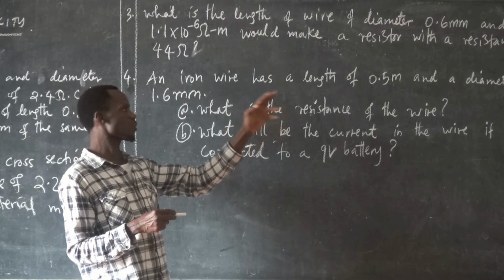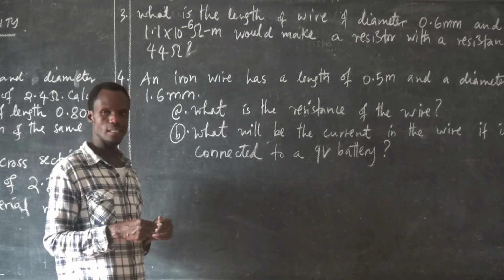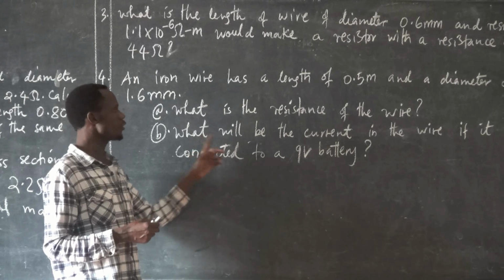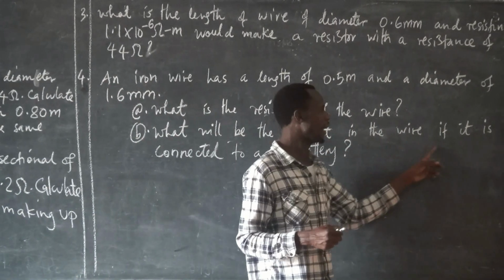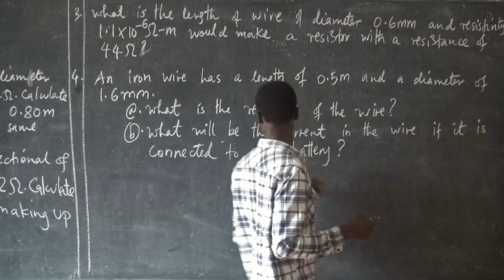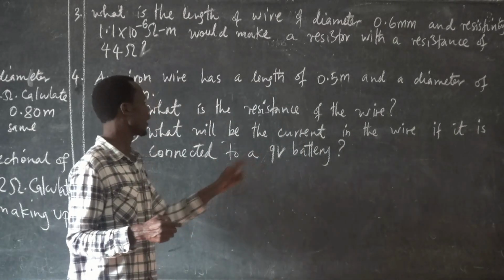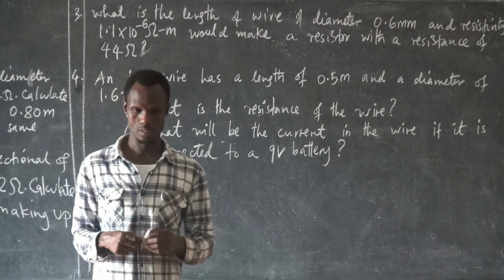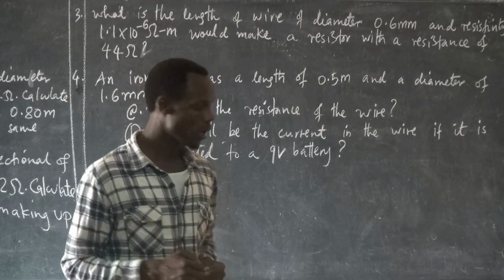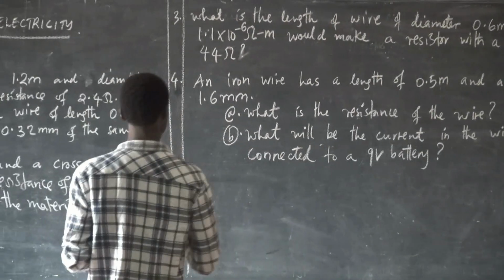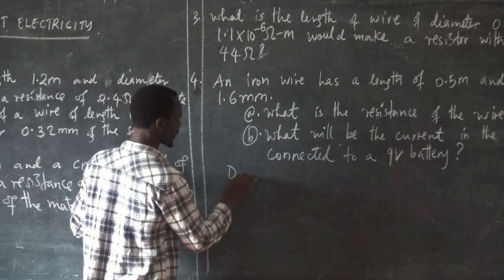A: what is the resistance of the wire? B: what will be the current in the wire if it is connected to a 9 volts battery?